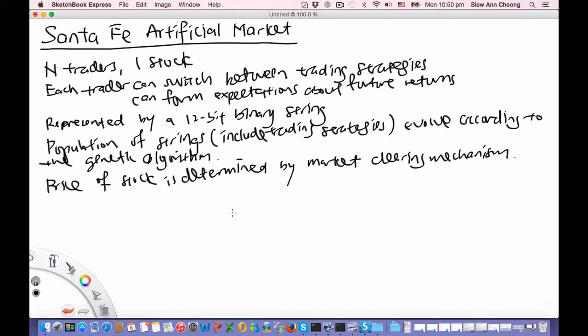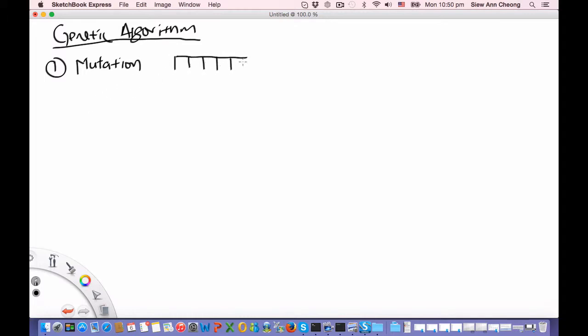Now let me describe the genetic algorithm in greater detail. So here's the genetic algorithm, which forms the basis of the Santa Fe Artificial Market. There are three different processes that can act on the population of strings. The first one is mutation, whereby you have a string, say 1 0 1 1 1 0, and you decide on a random position, say the ith position.